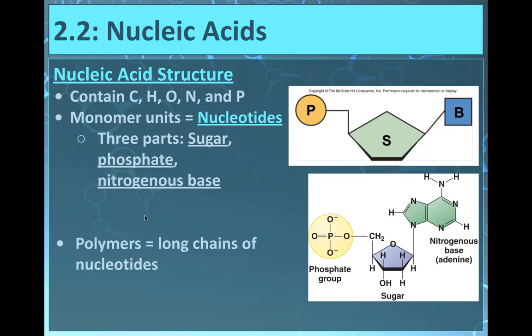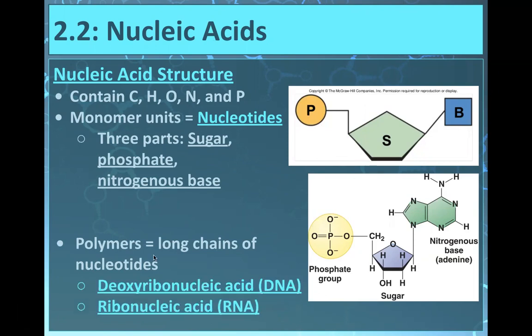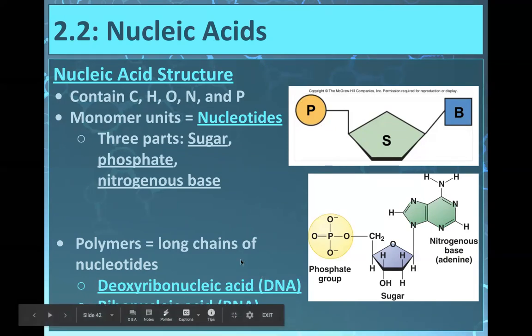Okay, so the polymers are going to be long chains of these nucleotides, okay, that form by being bonded from the phosphate group to the sugar of the next nucleotide, whether that's RNA or DNA. Okay, so we have DNA, deoxyribonucleic acid, and RNA, ribonucleic acid.